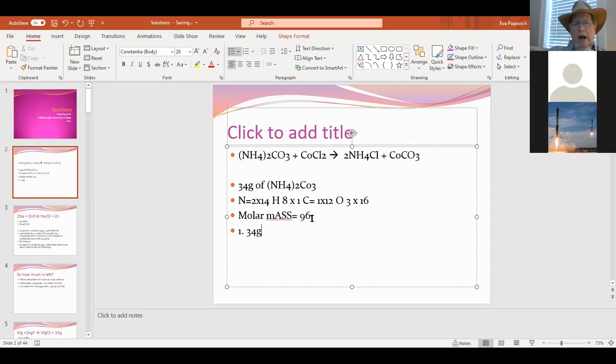Okay. So I want to change this into moles. So what's going to go on top? I'm changing 34 grams into moles. What's going to go on top? What do I want to end up with, Chase?